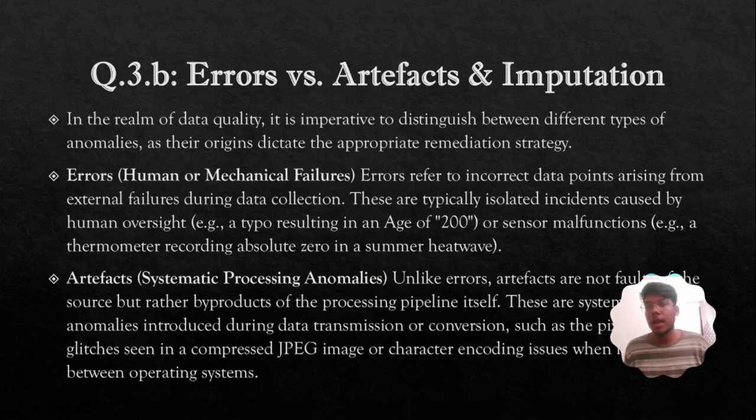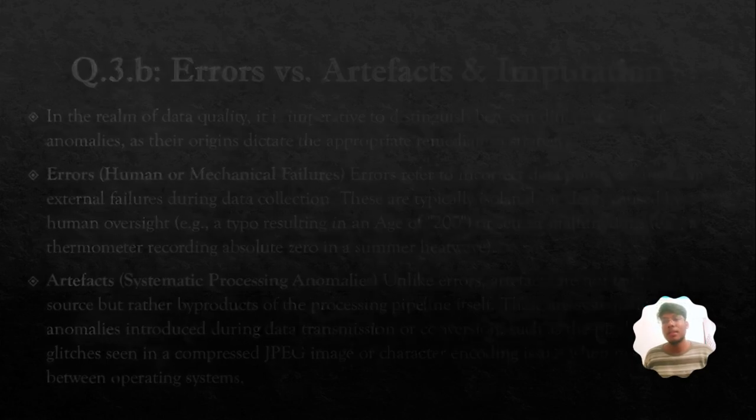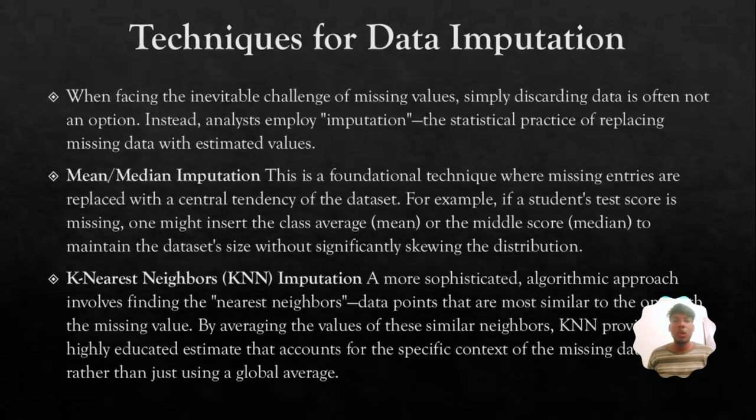These are systemic anomalies introduced during data transmission or conversion, such as a pixelation glitch seen in a compressed JPEG image, or character encoding issues when moving text between operating systems.